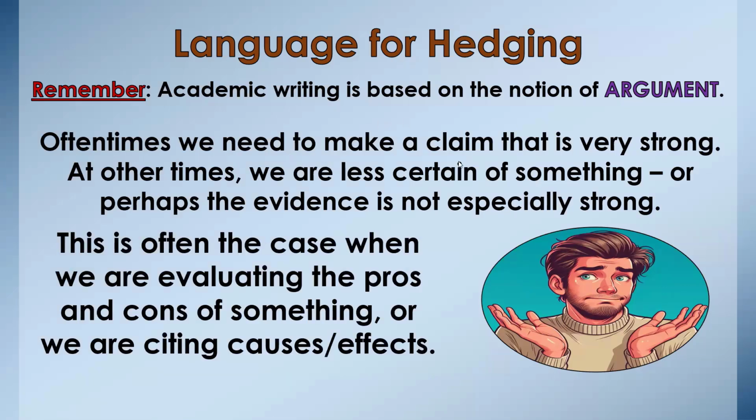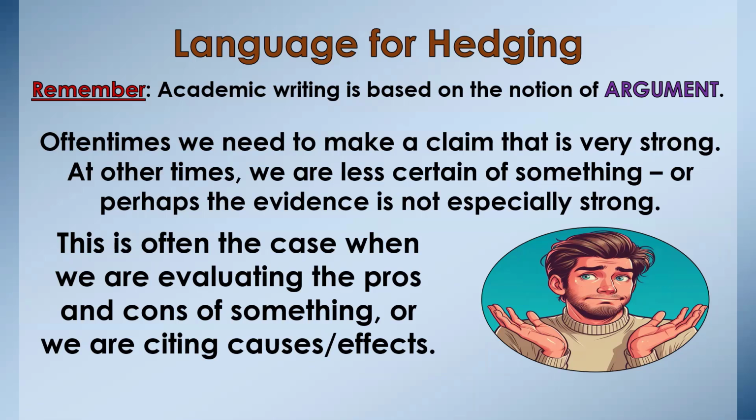We've talked a lot about writing discussion essays where we evaluate the pros and cons of a particular topic, and then we make an evaluation based on those pros and cons. Sometimes it's very clear, and sometimes it's not so clear. The pros and cons are both pretty convincing, and perhaps we're not that certain in our evaluation. In that particular instance, we'd need to use language for hedging.